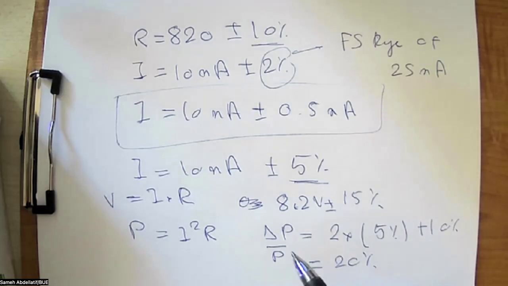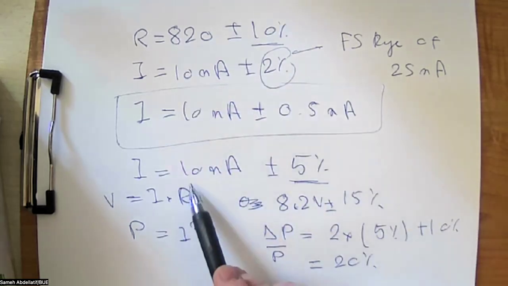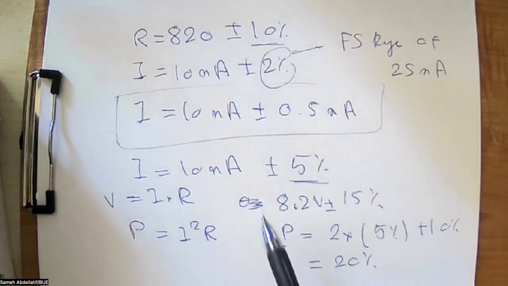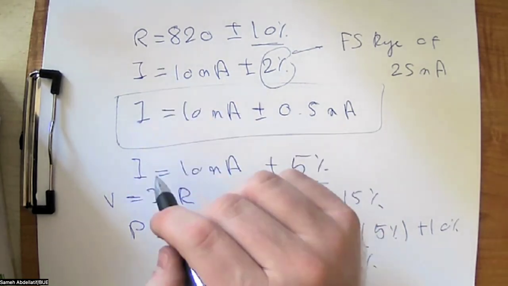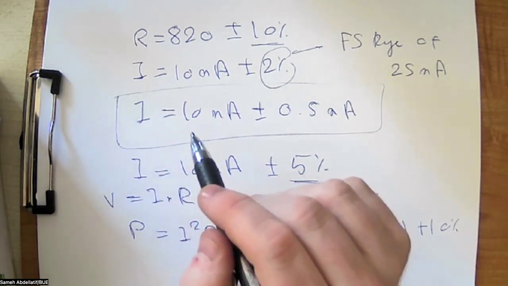So you can calculate simply the power and the voltage. Of course, the power here is easily calculated as 10 squared, which is 100 milli, times 820 ohm. So we have maybe 82,000, yes.